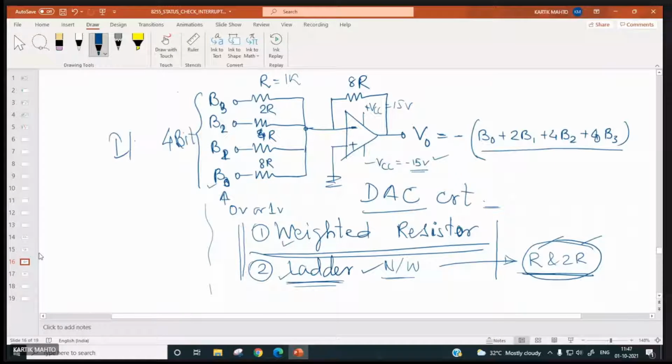When you give this input, will the output response be at the same time or at different time? That is my question. So it will take some time to process. Okay.